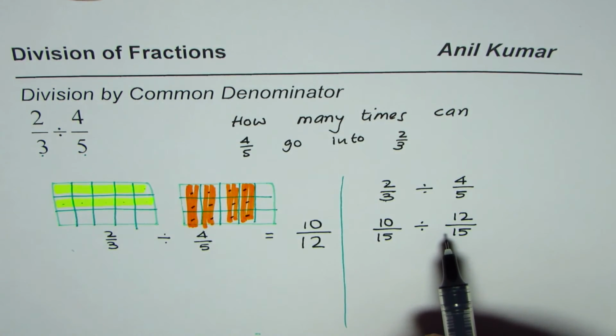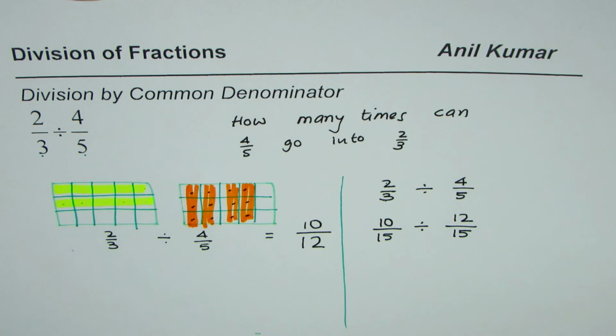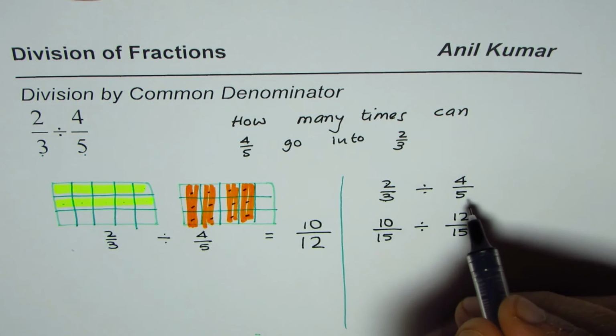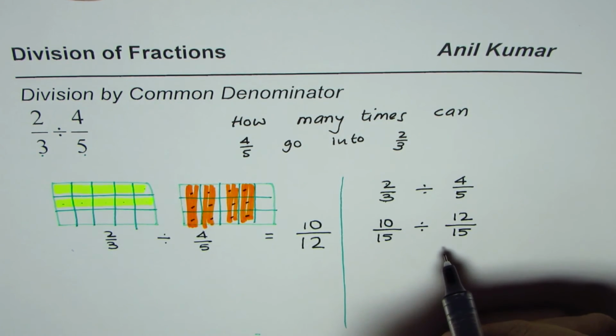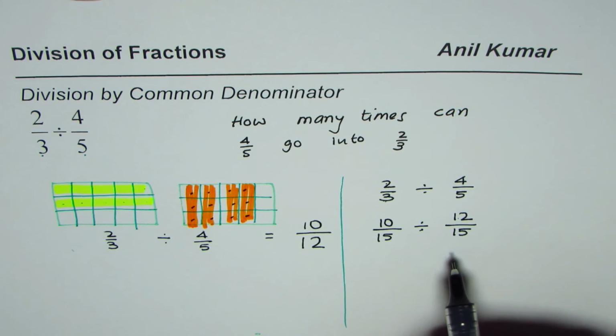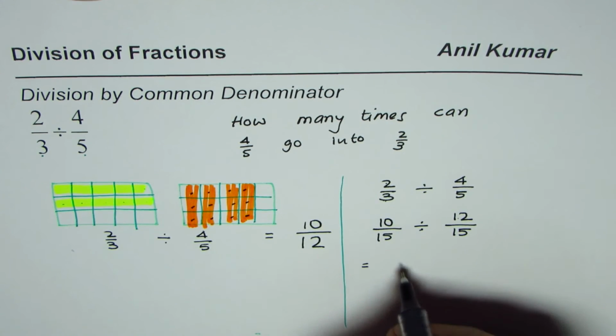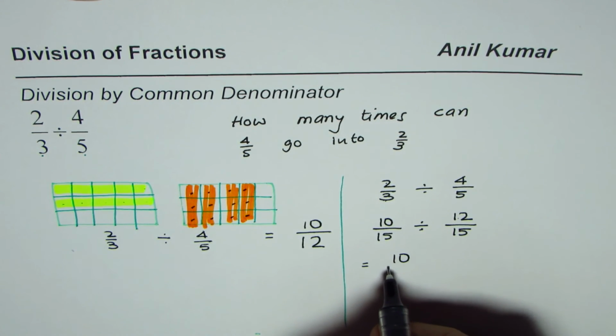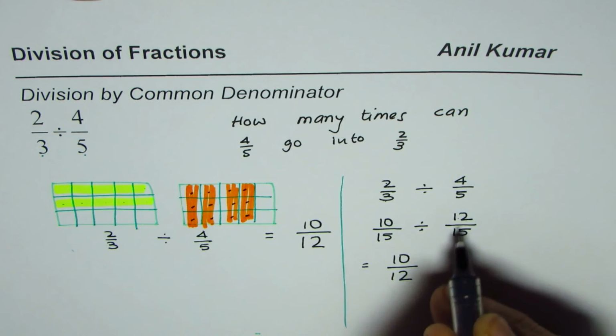So what we have here, by the concept of common denominator, since the common denominator is 15, is 10 over 15 divided by 12 over 15. So what we get here is 10 divided by 12.